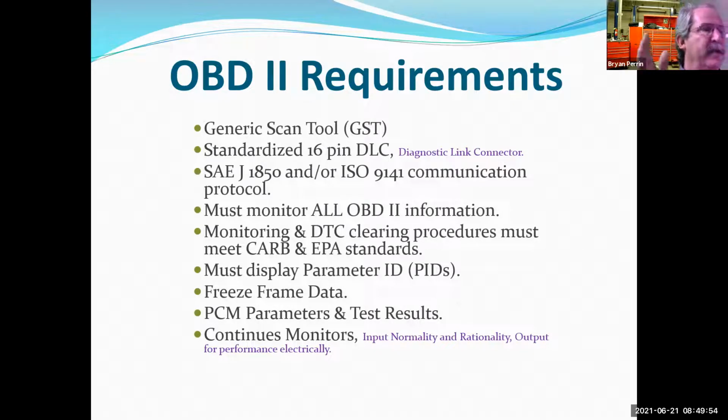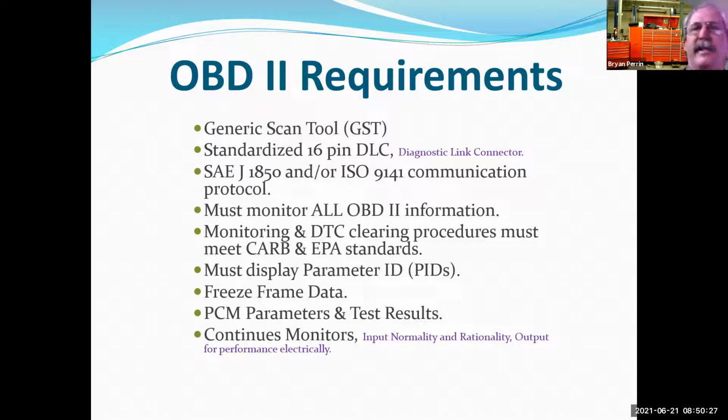Our output devices, we're only looking for electrical performance. So we know if I am controlling the ground side of a solenoid, when my transistor is open, there should be power coming from my power supply through the windings of the solenoid all the way up to my computer, waiting for me to ground it and collapse the circuit. So is it safe to say if I don't see power at that transistor before I ground it, that I have a problem with that circuit? Right?